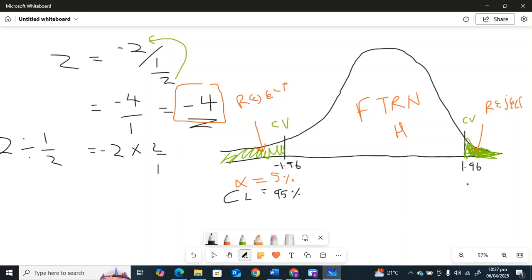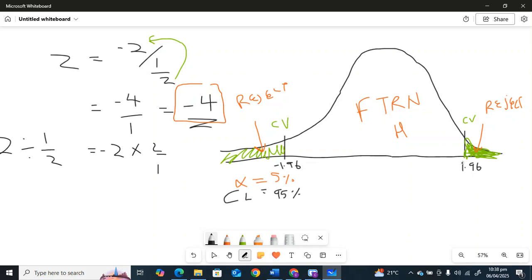I'll show you how we got these 1.96s. Okay, colleagues? I'll show you how we derived these 1.96s. When your confidence level is 95%, your critical value is negative 1.96. So you have two critical values.